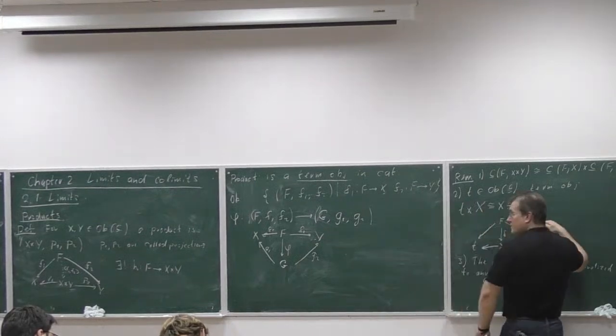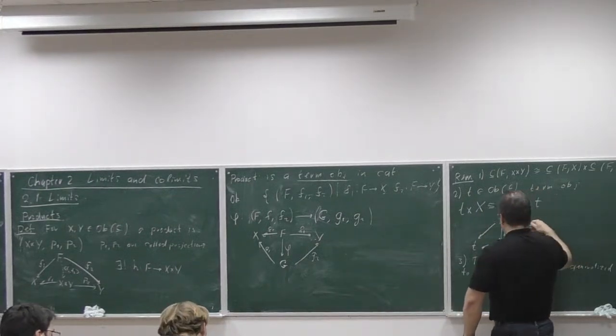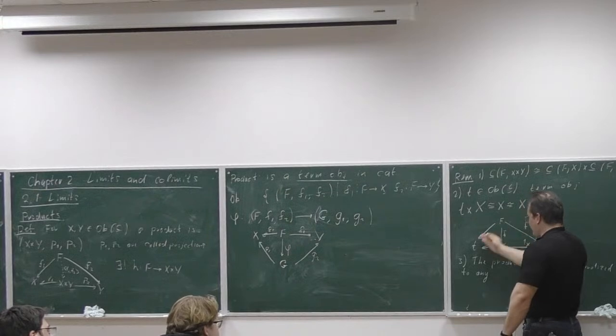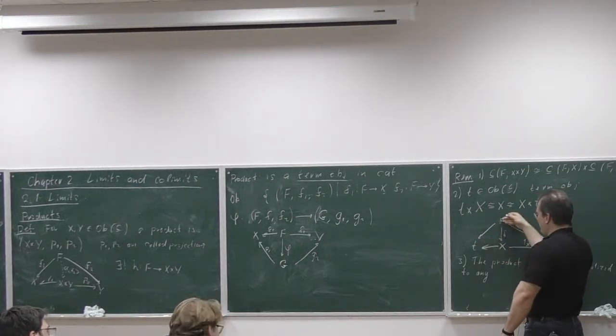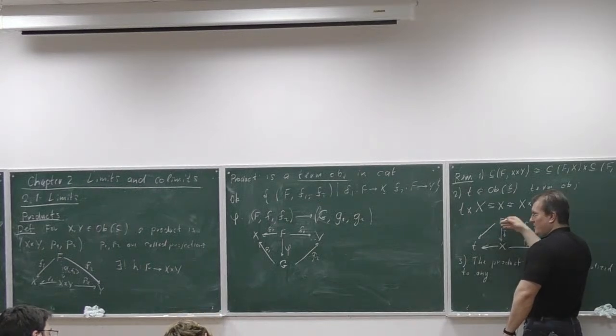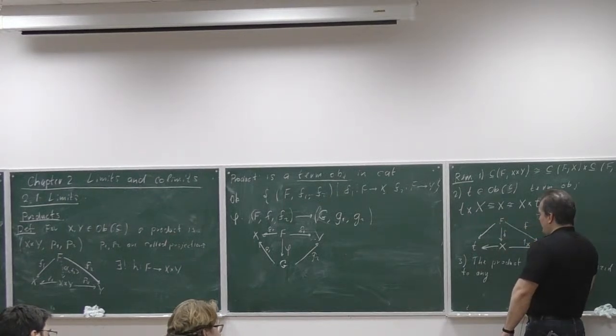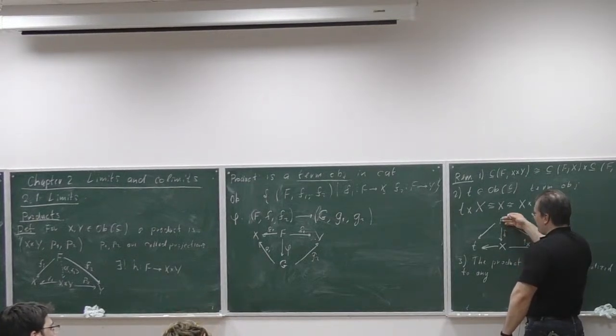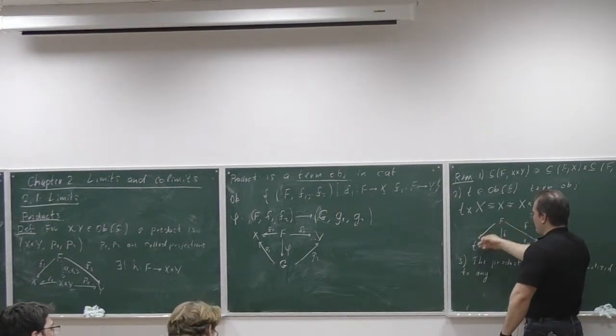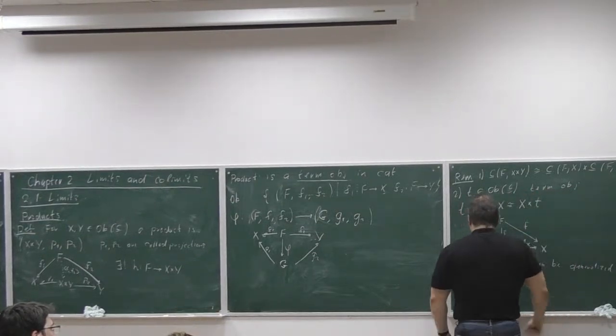This triangle commutes because there is only one map. If you pre-compose this one map with any map, this is still the only map that there is. No matter what you're trying to do here, the map is still the same map that is here, because there is only one map.